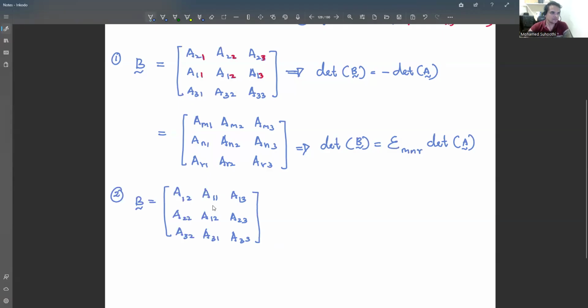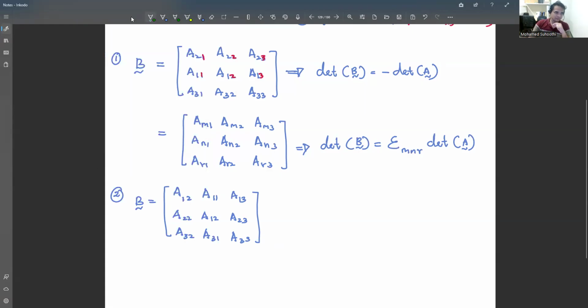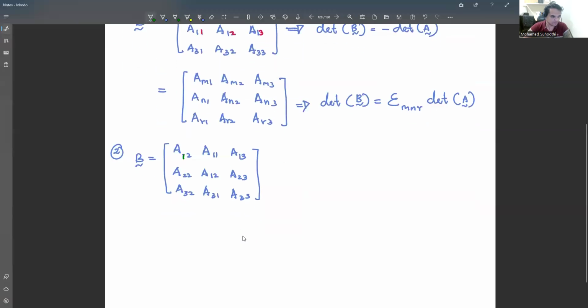Okay. So now what I'm doing here, I'll take a different color now. Now I'll keep the first subscript same, 2, 3. The second one I am shifting, right?